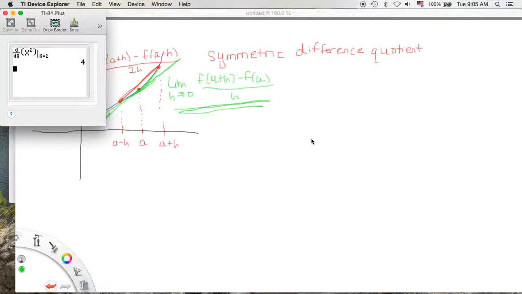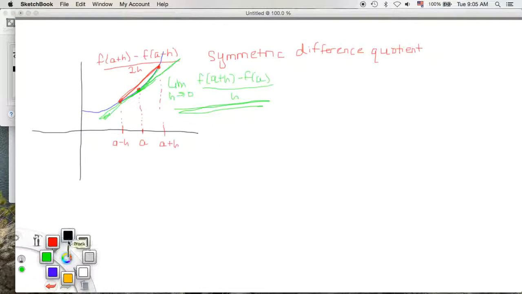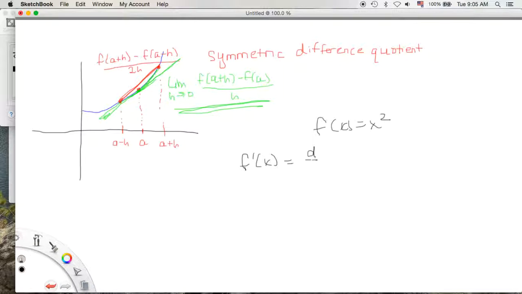Now, the way we would find the derivative, the f prime or d/dx of x squared, is we would say the limit as h goes to 0 of, if we want it at x equals 2, we would put in 2 plus h, and since we're putting it in the function, it would be squared, minus 2 squared, all over h.